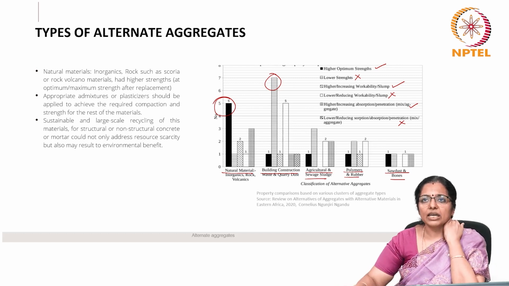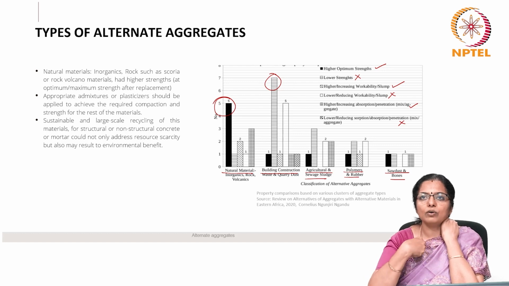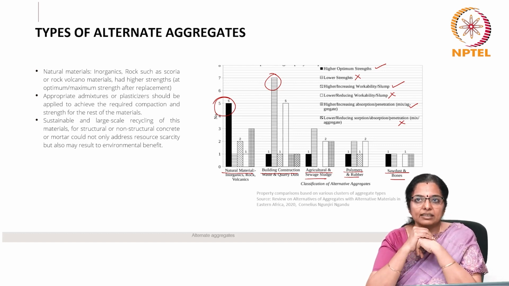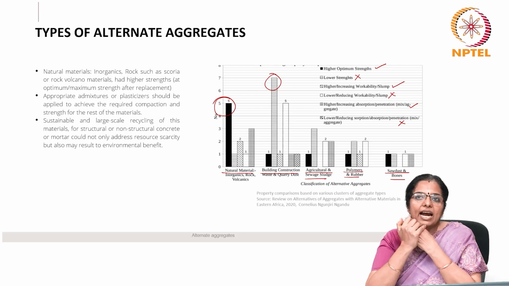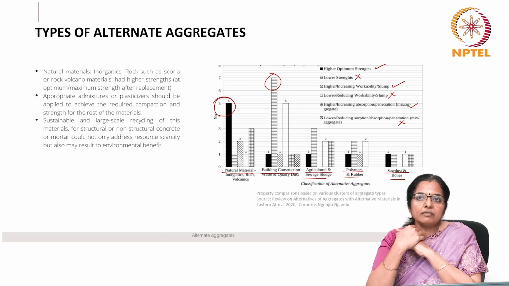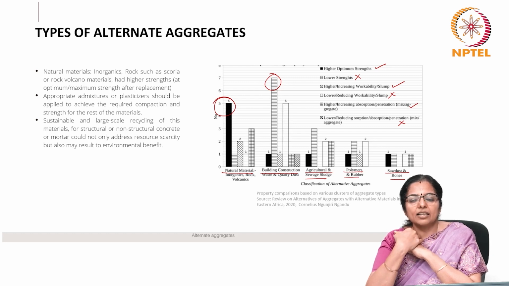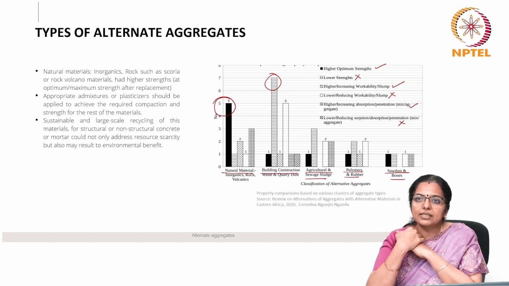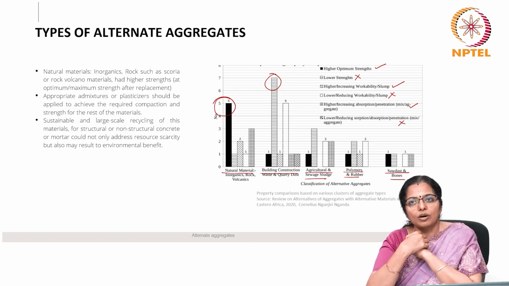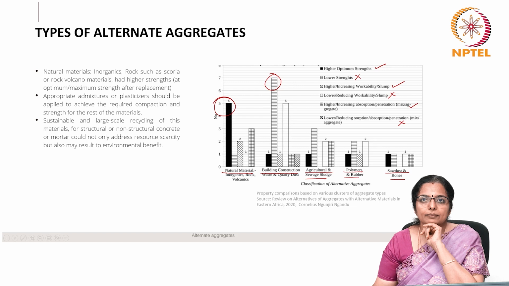So rocks such as scoria or rock volcano materials, they have higher strengths. So appropriate admixtures or plasticizers should be applied to achieve the required compaction and strength when we use rest of the materials. Sustainable and large-scale recycling of these materials for structural or non-structural concrete or mortar could not only address resource scarcity but also may result in environmental benefit.